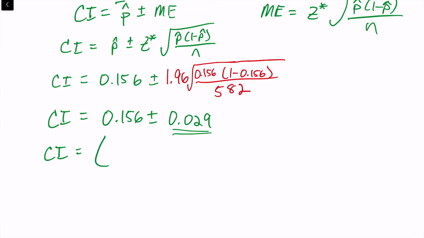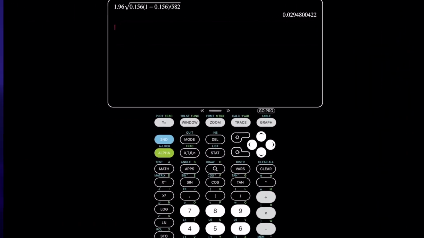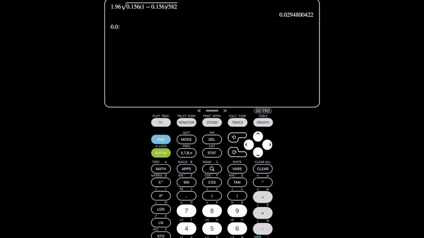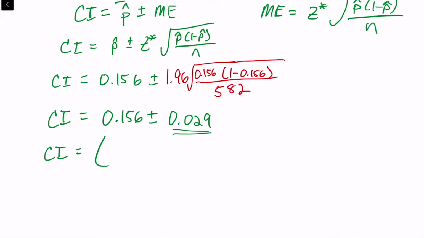But what's the actual confidence interval? What we do is we take 0.156 and we subtract away 0.029. That will give us a lower bound of 0.127.